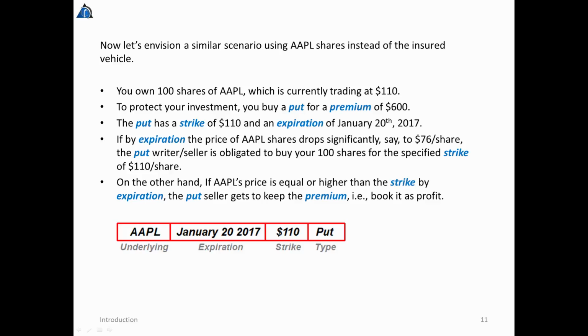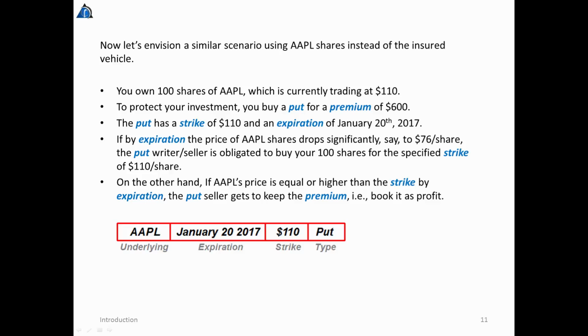Now, what would constitute an accident in the case of Apple? Well, a piece of bad news could cause its price to drop significantly. That's the type of accident that you're looking to protect against by buying the put. This put has a strike of $110 and an expiration of January 20th, 2017.